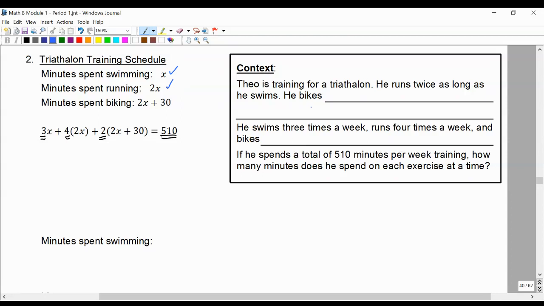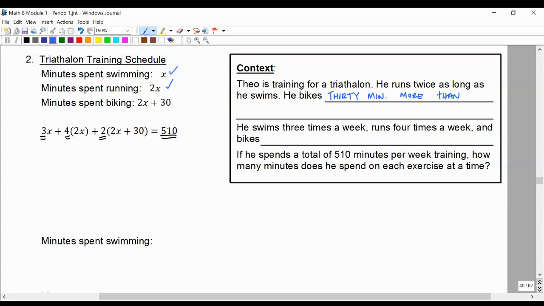He bikes something. So we're going to describe this. He bikes 30 minutes more than... and we could either say 30 minutes more than he runs, or we could say 30 minutes more than twice the amount that he swims.